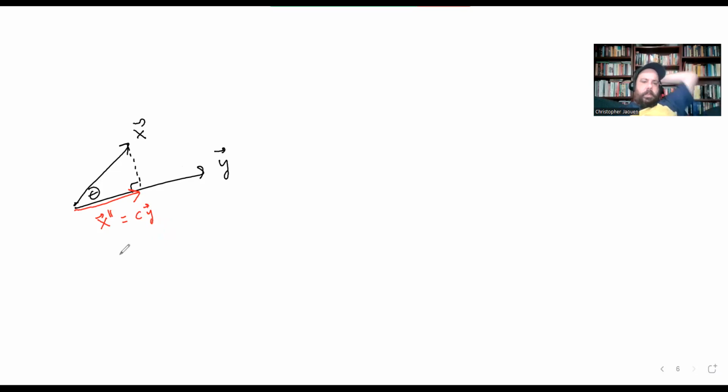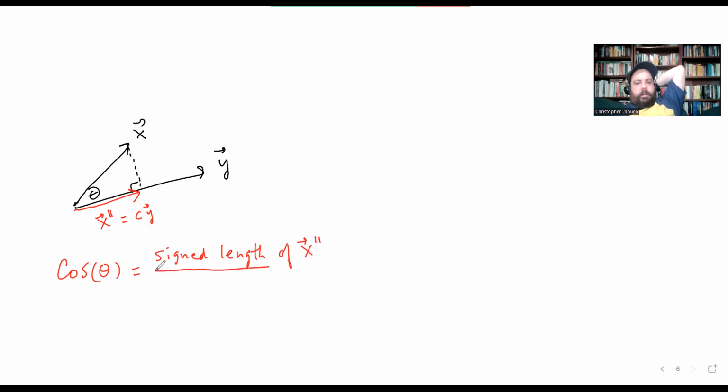So that means that cosine of the angle theta is equal to, if you remember from trigonometry, the signed length of x parallel divided by the length of the hypotenuse, which in this case is x.